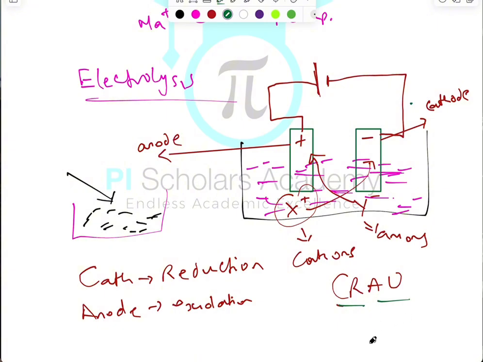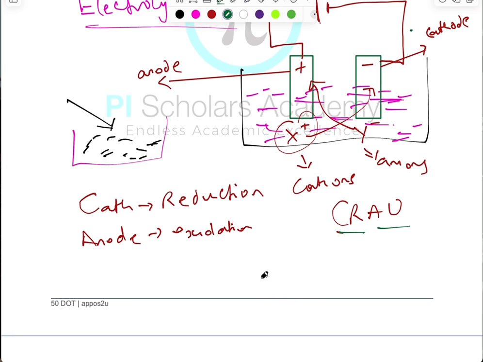If you remember from the previous class, I already explained to you what reduction is and what oxidation is. I explained this using the concept of losing and gaining of electrons. I said if you lose electrons, that is oxidation. And if you gain electrons, that is what? Reduction. So let's see what is going on here. When a negative ion goes into the anode, the negative ion has excess electrons, and so it's going to lose its electron in that place.